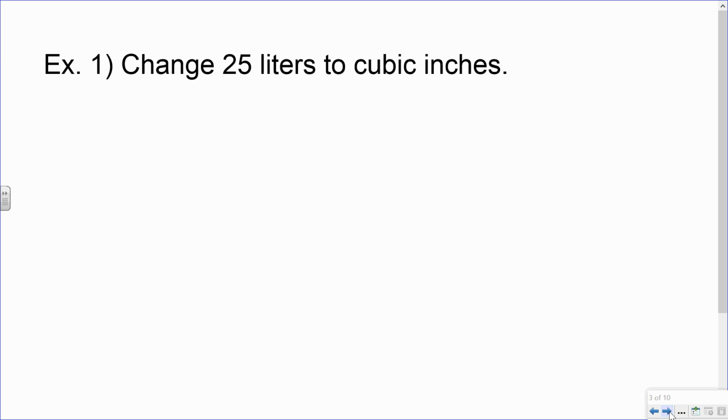So I need to take liters, and I somehow need to get to inches. So one thing that I'm going to have to do in there is to go from metrics to English. So I'm going to have that 2.54 thing in there somewhere. But before I can do that, I have to be able to get to centimeters instead of liters.